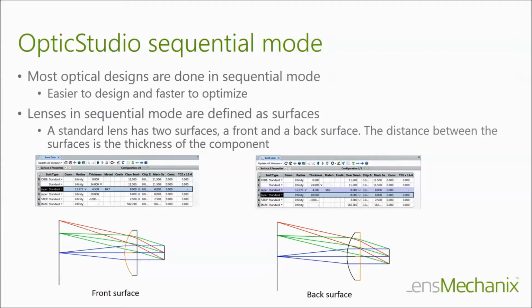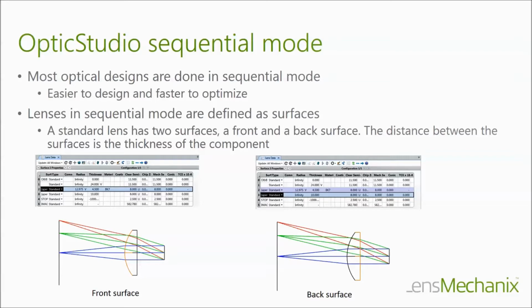For example, a standard lens will have two surfaces, the front and the back. In the image below, the left shows the front surface, and that is surface 2 in the lens data editor. And then in the right image, you can see that surface 3 is the back surface of that component.